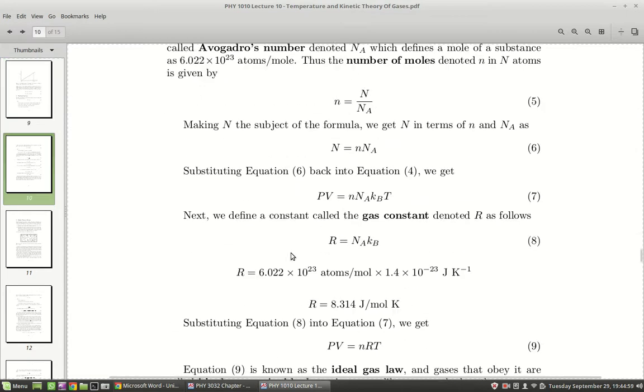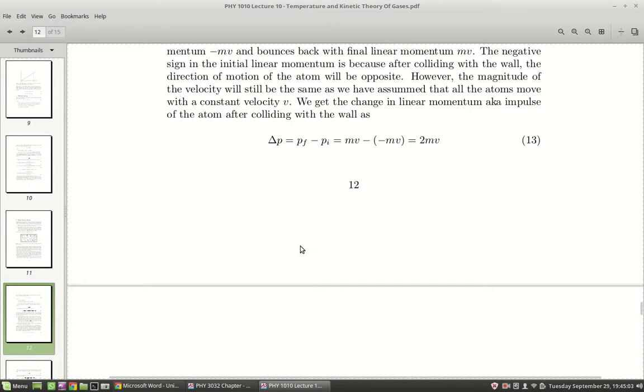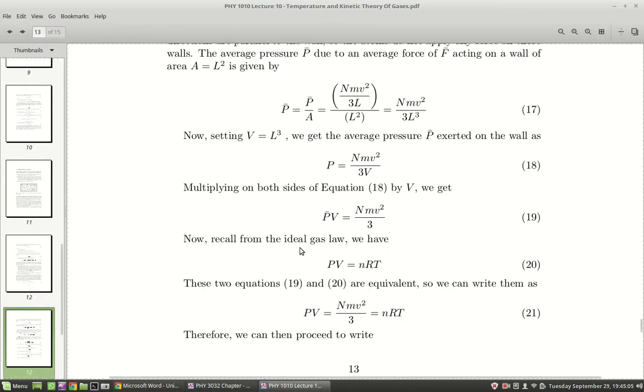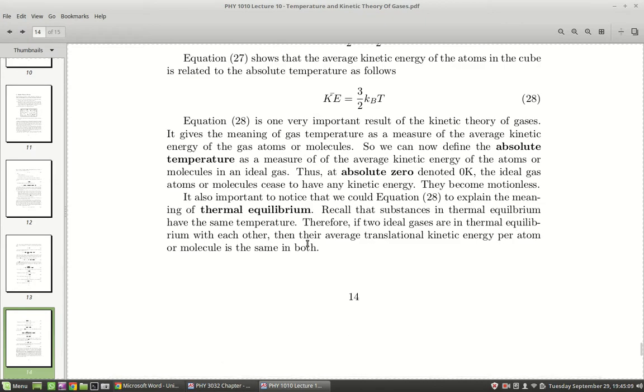This also, as a consequence, tries to help us understand what we mean when we say two bodies are at the same temperature. If two bodies are in equilibrium, yes, we know that they are at the same temperature. What does it mean when things are at the same temperature?